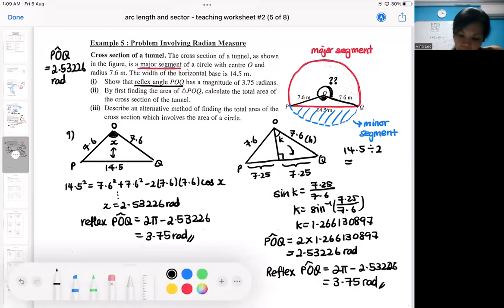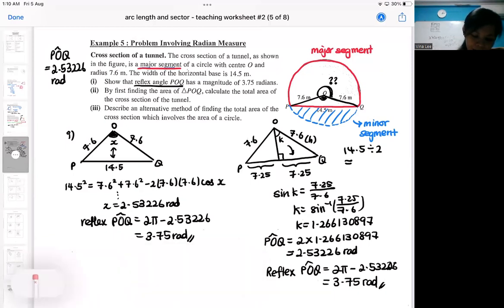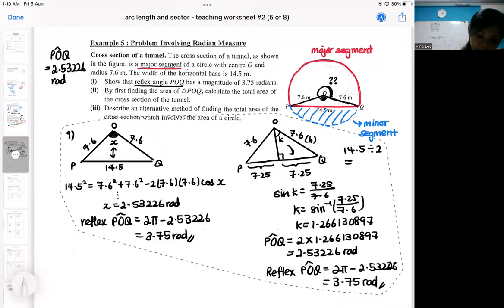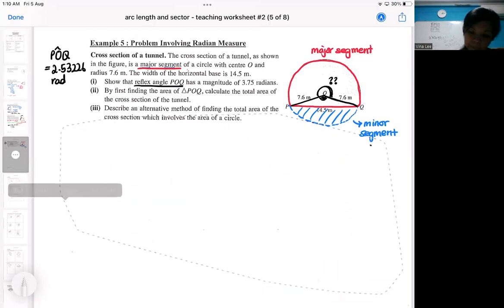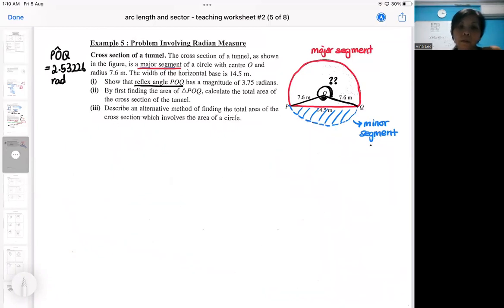Okay, I'm going to erase so that I have the space to explain part 2. Please make sure you note down the method you like first. For part 2, we're going to find the triangle POQ.